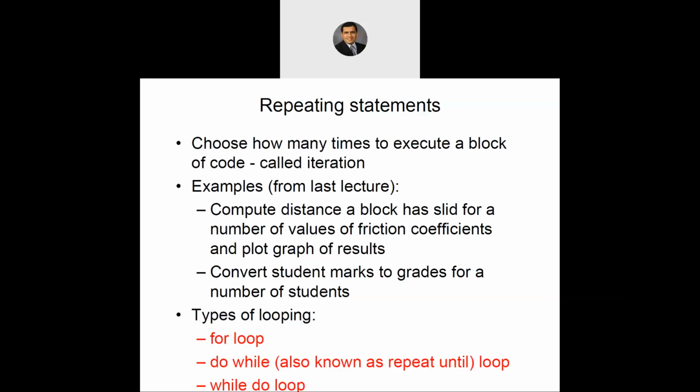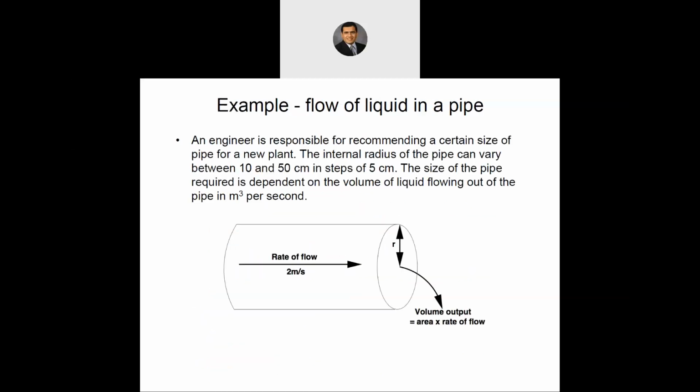If we don't get out of the loop, it becomes an infinite loop and becomes a dangerous virus. Implementing loops, we have the for loop, do while loop, and while do loop. All these loops can be interchanged, but they are usually used in a specific place and for a specific reason.